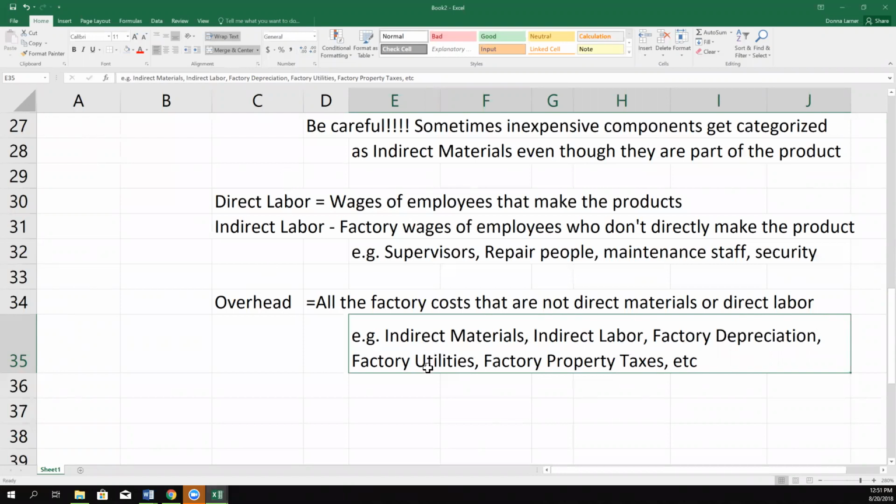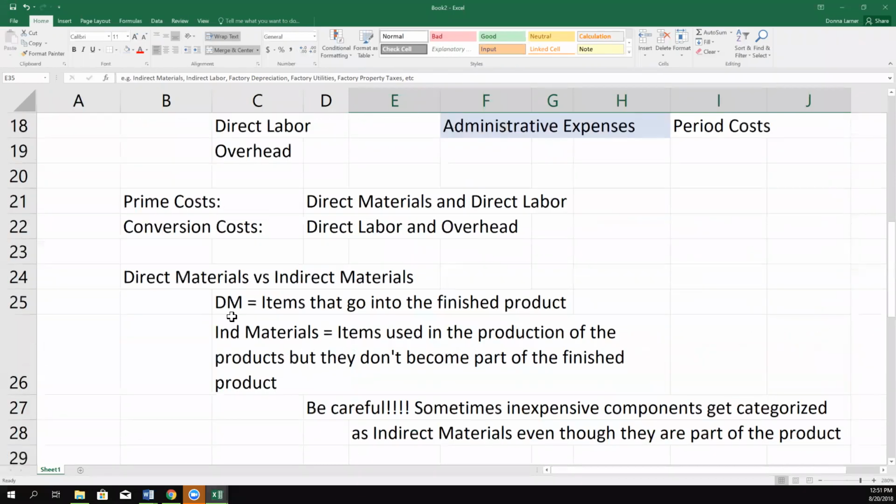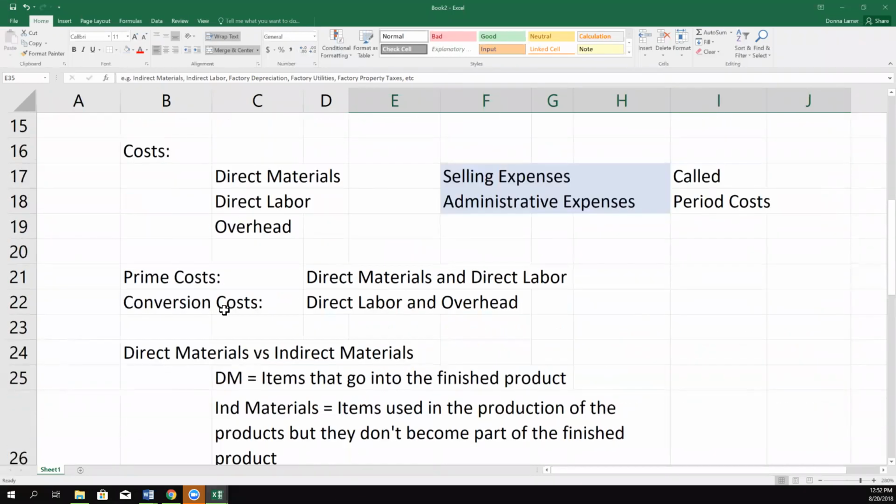But if it said the utilities for the store, that would be a selling expense. If it said the property taxes on the office building, that's an administrative expense. So watch for keywords that tell you these costs are related to the factory. Then you know you throw them in overhead. So hopefully now you can categorize all the costs into their right grouping.